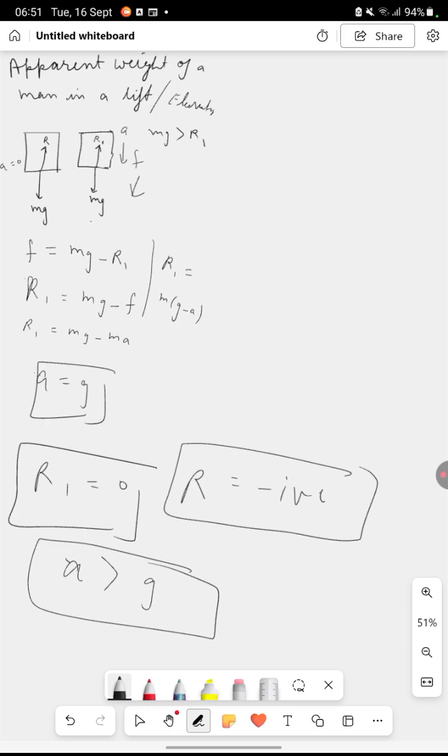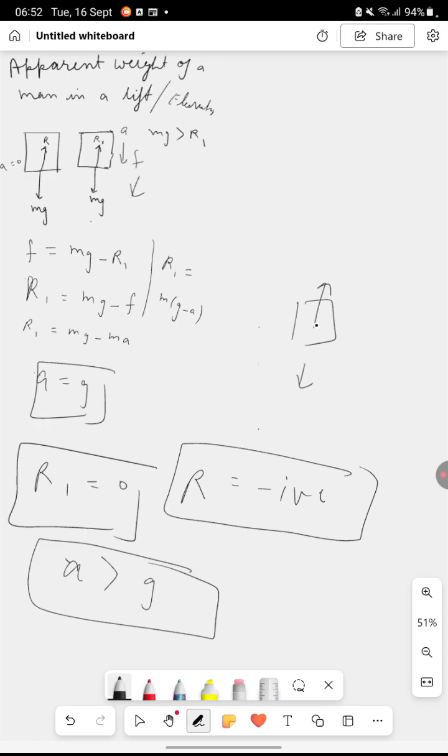So in this case the man can get injured, because when the lift is moving in the downward direction, the man will experience a force in the upward direction.